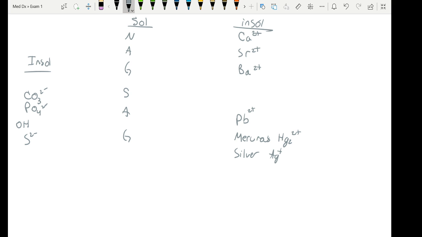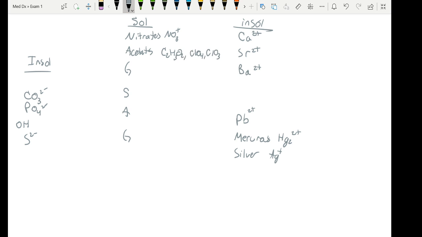So NAGSAG stands for nitrates, which is your NO3. Then you got acetates, which of course are your C2H3O2, ClO4, and ClO3.